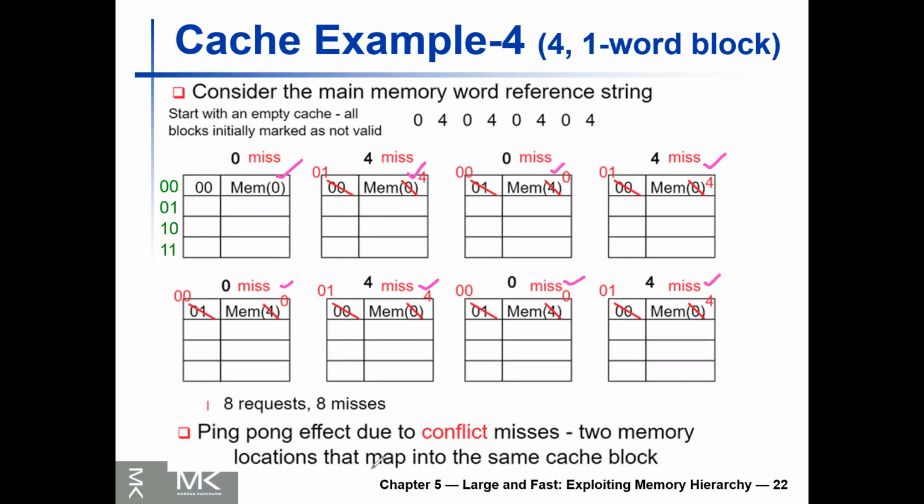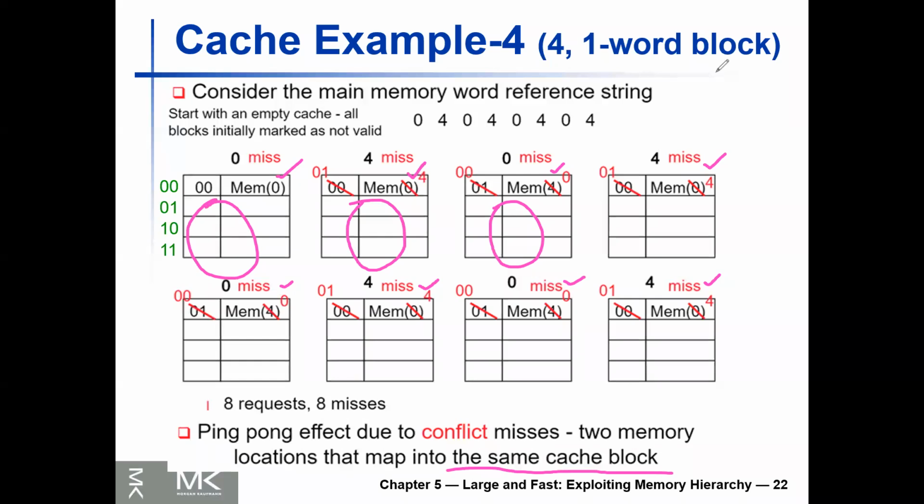Two memory locations that map into the same cache block create this situation, though we know that there is a lot of space in the cache. But we are not making use of it because of the mapping scheme. These 2 addresses can be mapped to a single cache block. That's why this situation is happening.